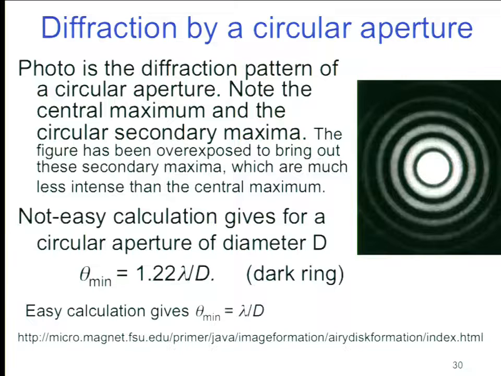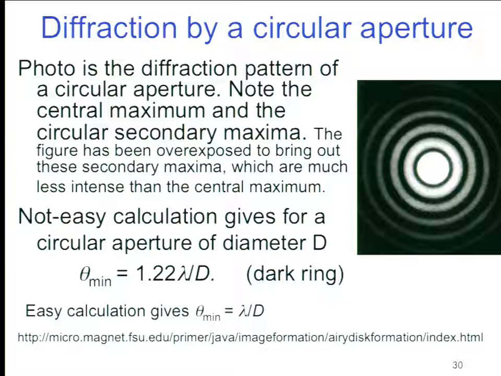The other thing we want to talk about quickly is something that should not surprise you at this point, and that is if you have, instead of a single slit, a circular hole. What is the diffraction of that? Well, you can think of a circular hole as a slit that closes on itself, if you will.